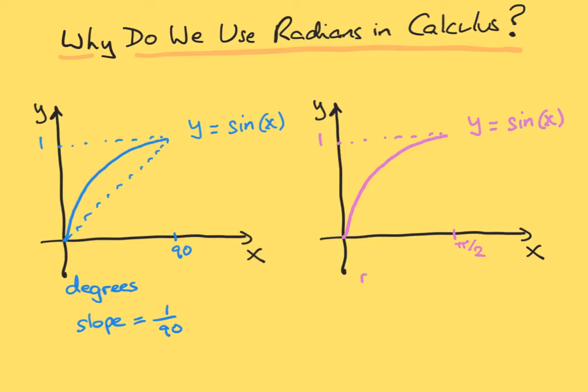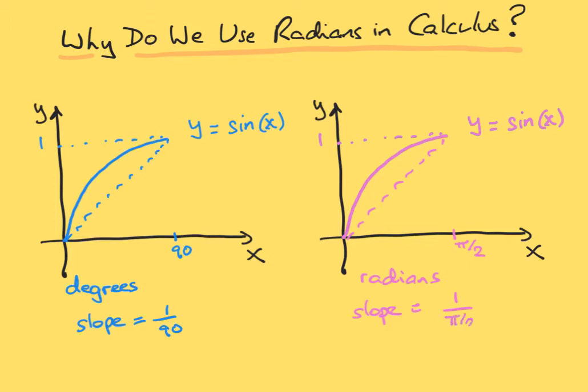So if we are using radians, the slope of this line is going to be 1, because it's exactly the same change. The sine function goes from 0 to 1, divided by this distance, which is pi over 2.